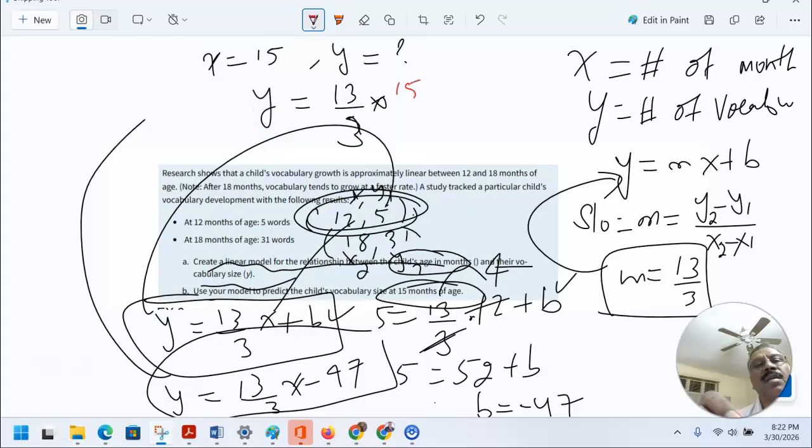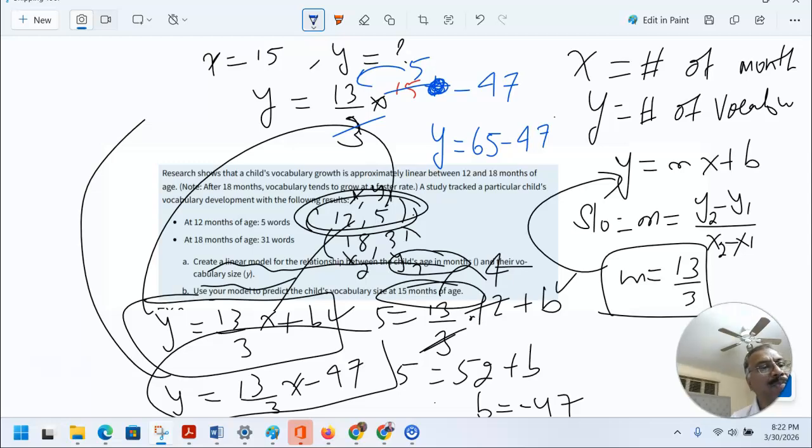So I put 15, and then minus 47. 3 divides 15 5 times. If you multiply this, your y equals 65 minus 47. And if you do a little math there, you get the answer, 18. So y equals 18 and you're done. Hope that helps. Let's do another one.